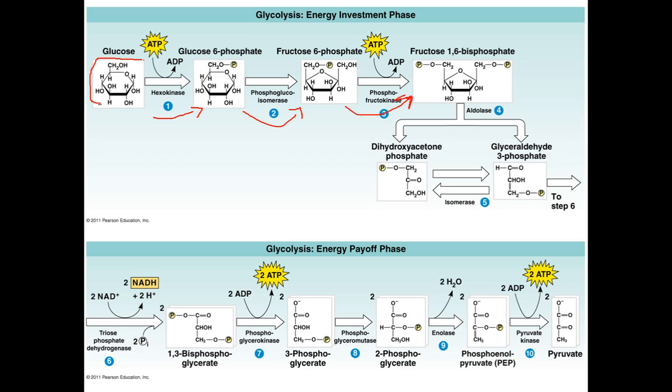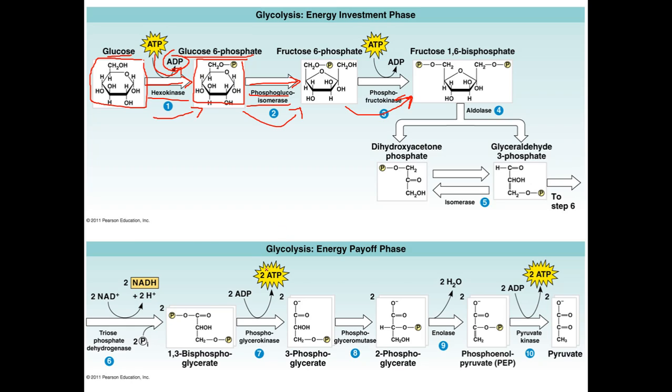So in this case, we're seeing different chemicals, like this one's called glucose, then glucose 6-phosphate. So you're seeing a different chemical in each one of these boxes. You are seeing the name of the enzyme that does this underneath each arrow. And then what this is showing, ATP going into that reaction and coming out ADP, so it's dropping off its phosphate. So right here, this would be the energy investment phase.